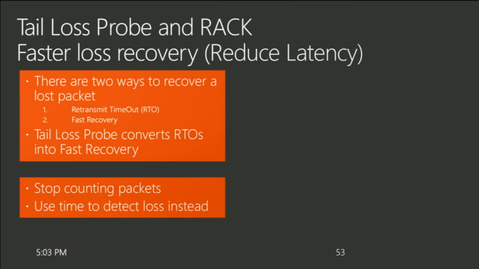If that timer pops before I receive an acknowledgement, I'm going to retransmit the packet. This is really good, I mean, it always works. But the problem is it's slow. It takes a really long time for that timer to pop, and then we can get into exponential backoff, and it could be a very long time before you get your packet.